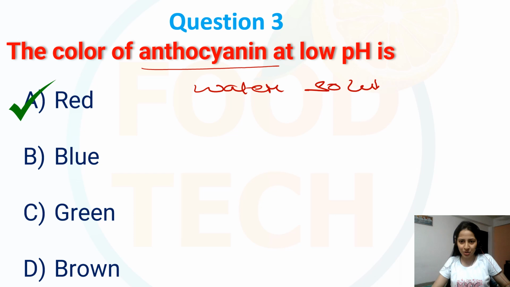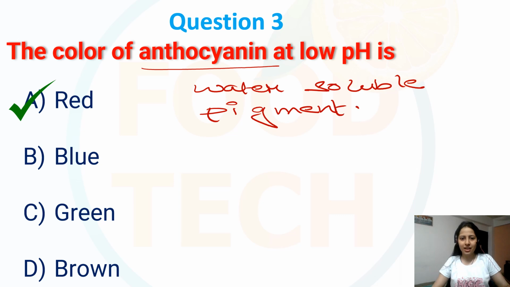This can also be a question. These water soluble pigments found in plants are responsible for colors such as red, purple and blue in various fruits, flowers and leaves. The color can change depending on the pH of the environment, with red being prominent in acidic conditions. So my correct option will be option A.